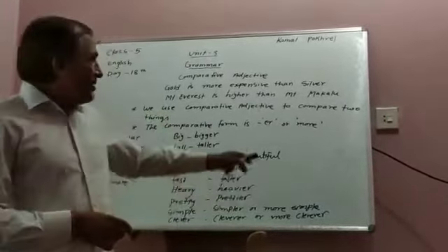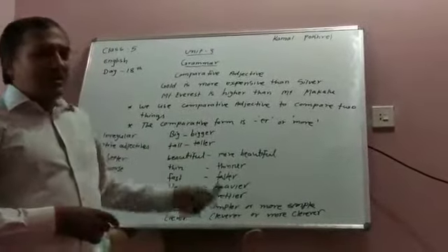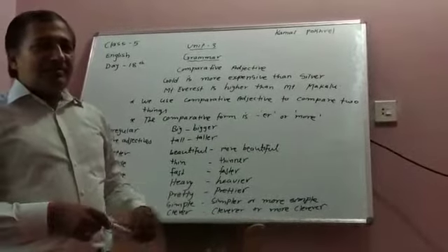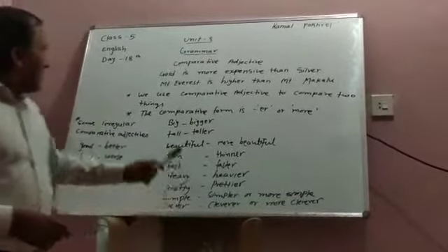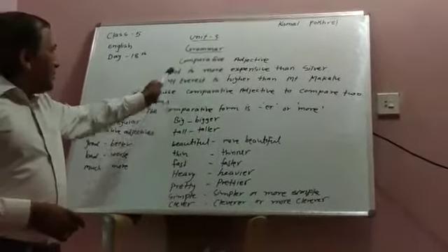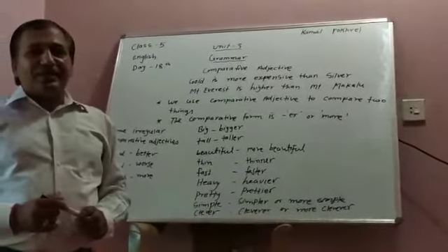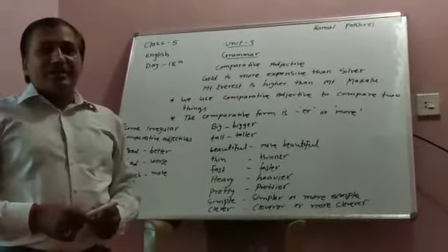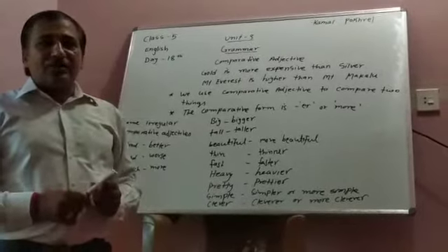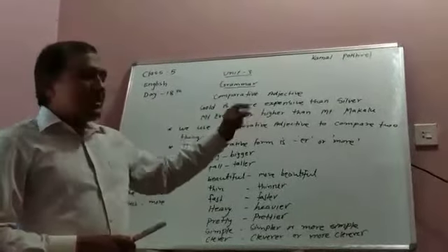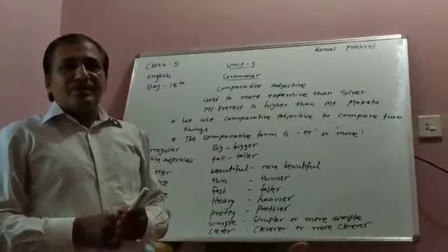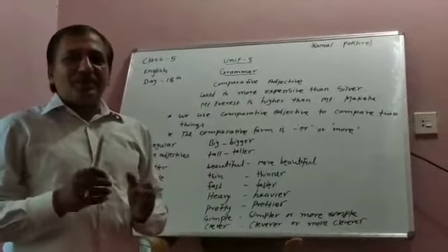Here we have some examples that I have mentioned on the board. Gold is more expensive than silver. This is one example of a comparative adjective.